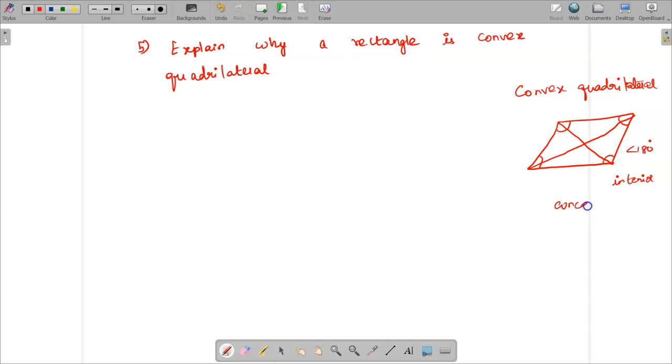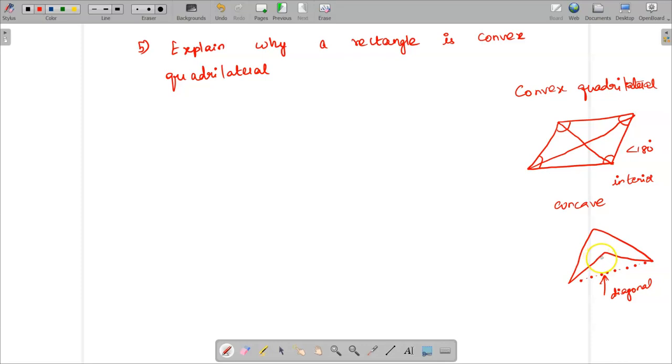What about a concave quadrilateral? For example, if you take this, it also has 4 sides. But when we take the diagonal, it exists outside the quadrilateral, that is, in the exterior of the quadrilateral. So when the diagonal lies in the exterior of the quadrilateral, it is said to be a concave quadrilateral.